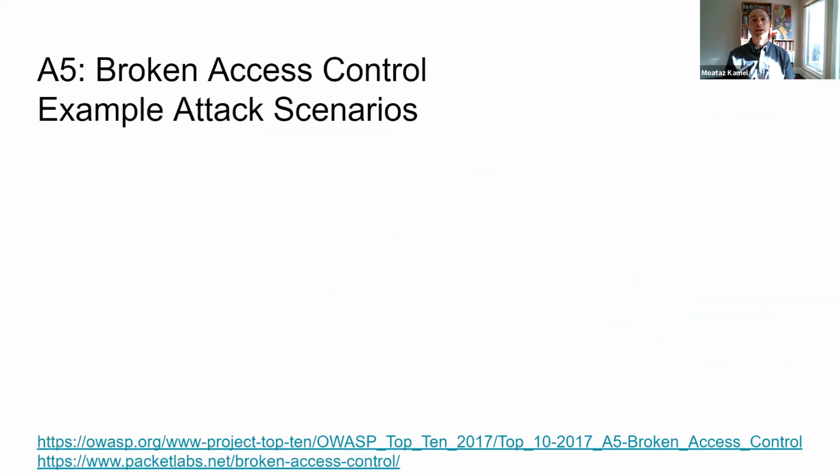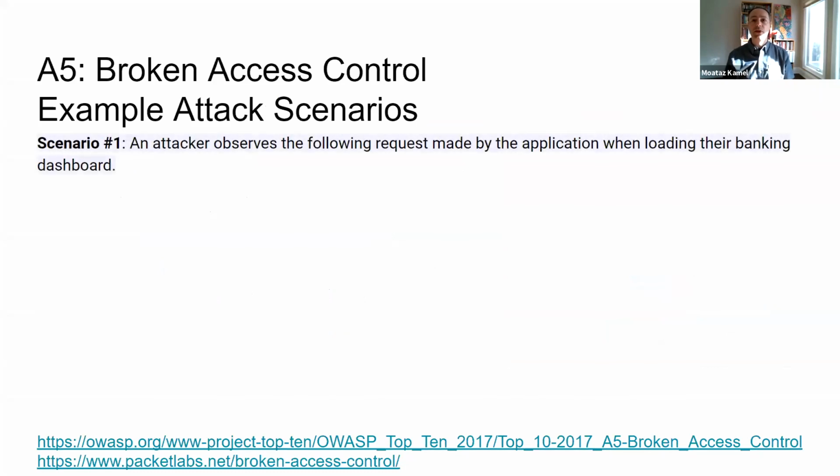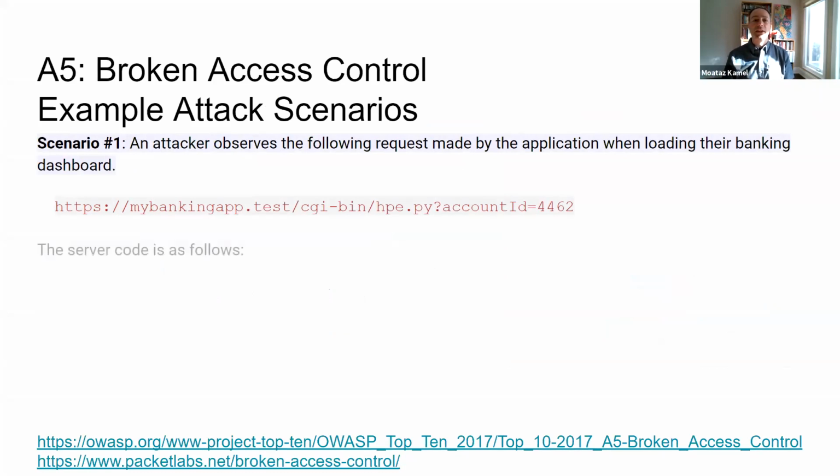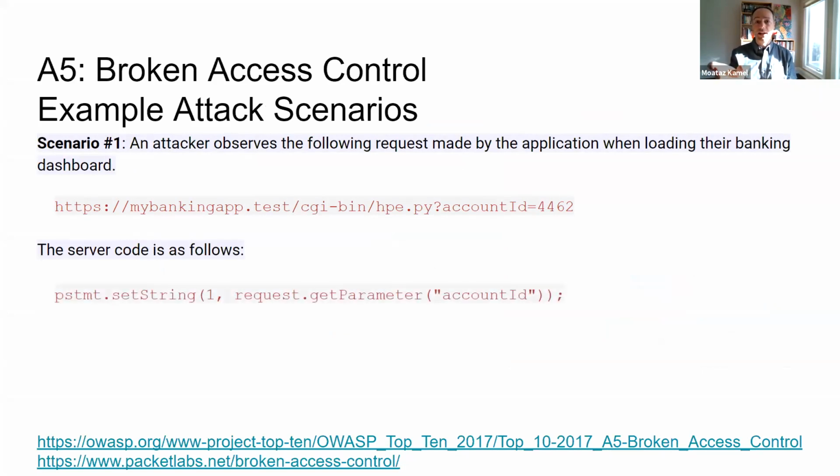So let's take a look at an example of this. In this case, the attacker observes the following request made by an application when loading their bank dashboard. So they look at the URL and they see that it actually has an account ID. The server code takes that account ID, and it uses it as a parameter to set in a statement and executes that statement.